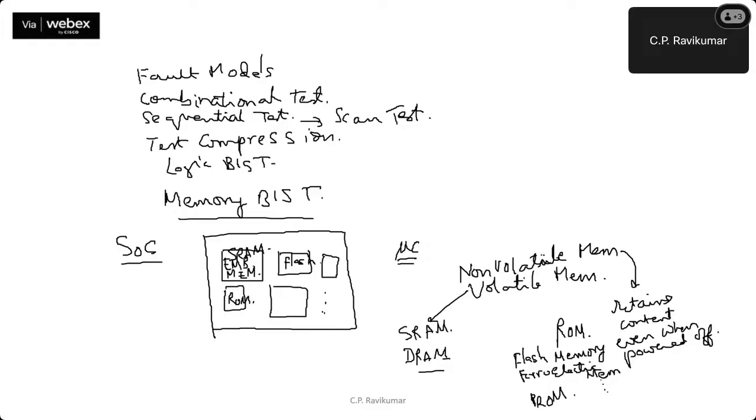To store things like images, you need memory. So the summary is a very large portion of the chip consists of memories.